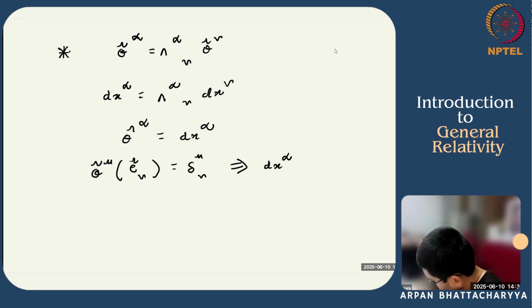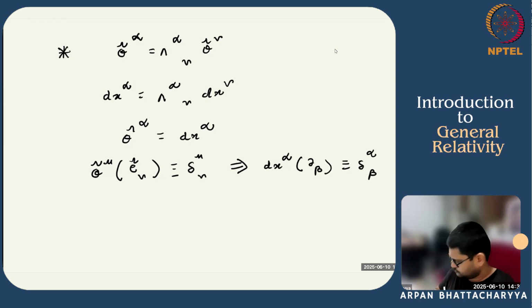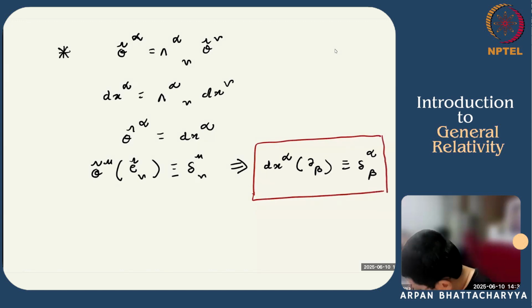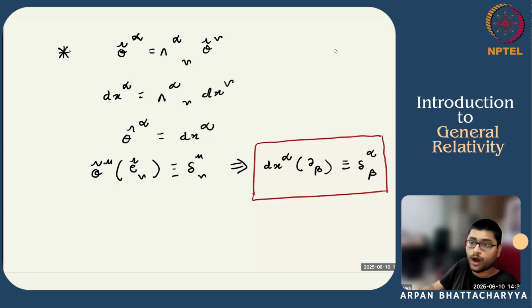dx alpha, beta, alpha. At this point, note that this is not an equation but a definition of the dual relationship between the respective coordinate bases for a vector and one form.